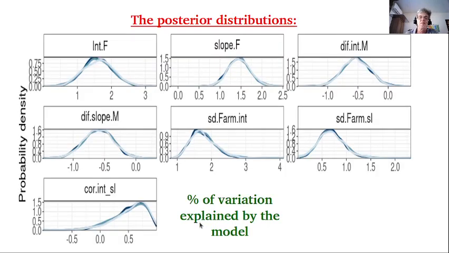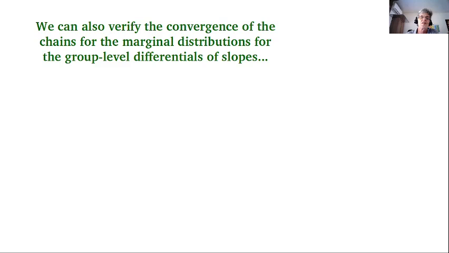So we can obtain the posterior distributions to see the convergence of the main parameters for each of the chains. We indeed see that all chains have converged to the same common posterior distribution, and that the model explains 34.7% of the data. This is the Bayesian R-square as suggested by Gelman in the paper by Gelman et al. of 2018. We also can verify the convergence of the chains, not only for the population level effects, but also for the group level effects.